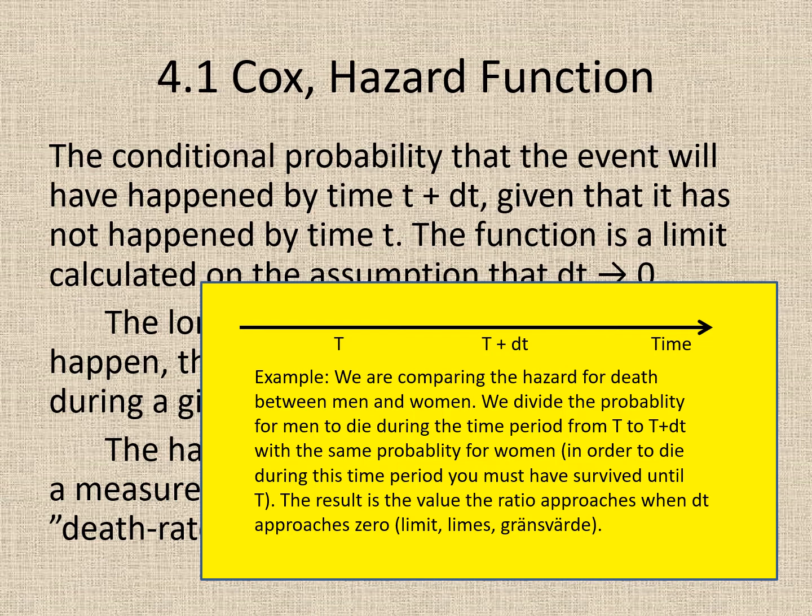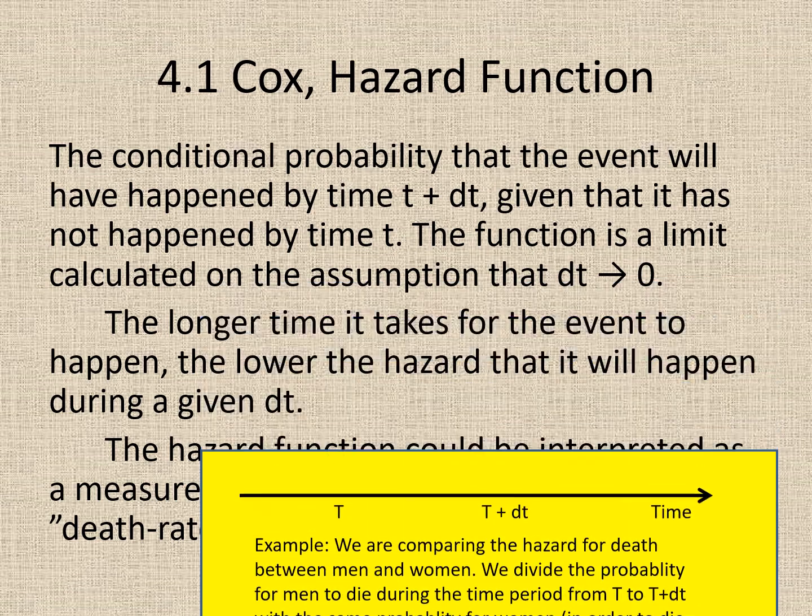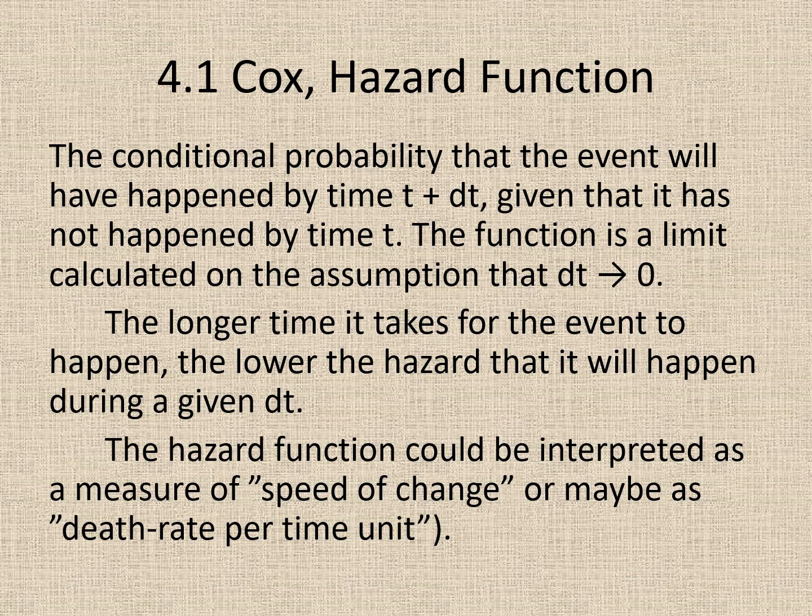The odds is the same. But is the hazard for them dying the same? For which of these two individuals is the hazard of dying higher? Second one. Yes, because this person died earlier. It survived less of those time periods, so to speak.